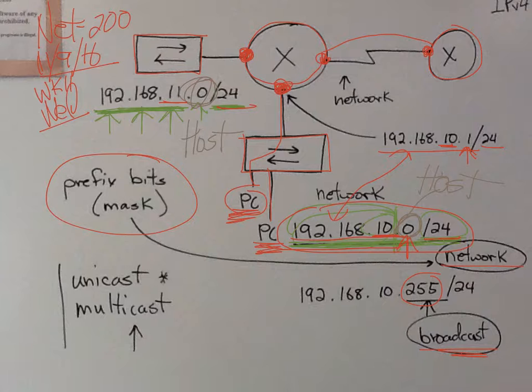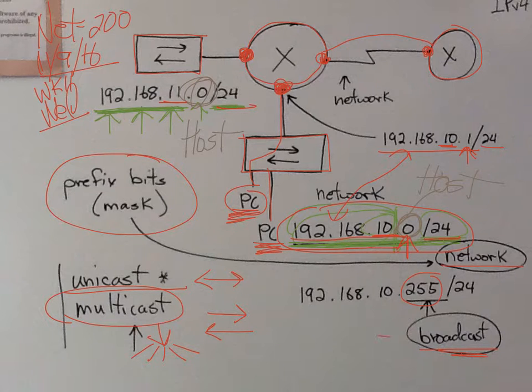Gives us a mask. Unicast is when we connect directly to another location. A very good example is you go to a website and it sends the information back to you. It's unicast. A multicast, you can send out information and then eventually it splits up and goes to various people.